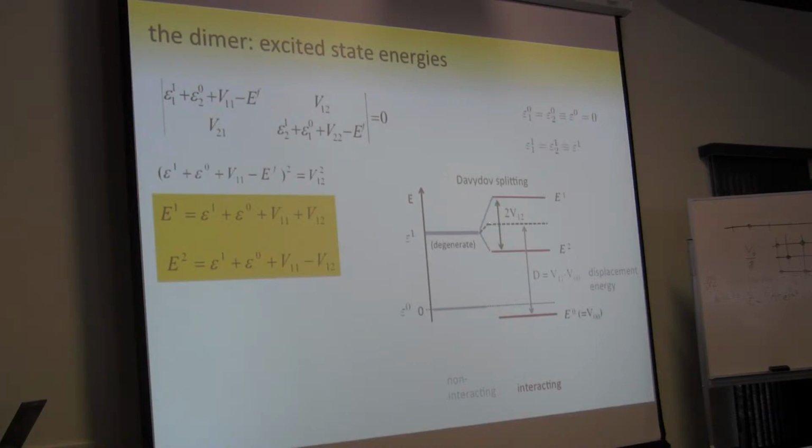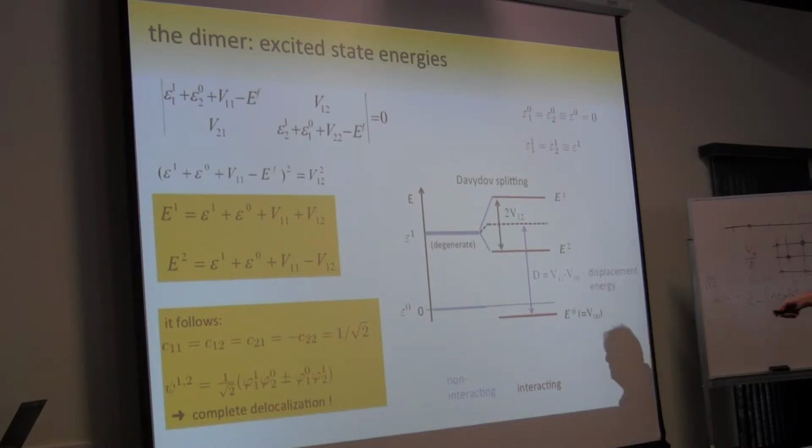This difference between the mean excitation energy and the ground state energy is given by V11 minus V00, and this is called displacement energy. And why is that important? Because in the experiment, of course, you don't observe energy levels, you observe energy differences in the absorption spectrum and so on. And these bands really appear shifted, also through this ground state energy in the interaction.